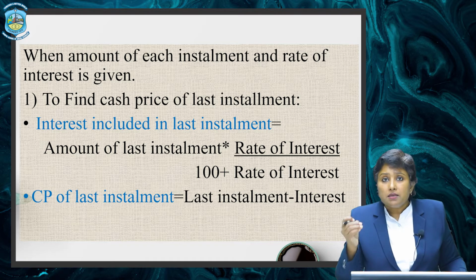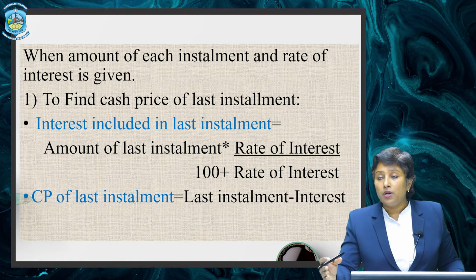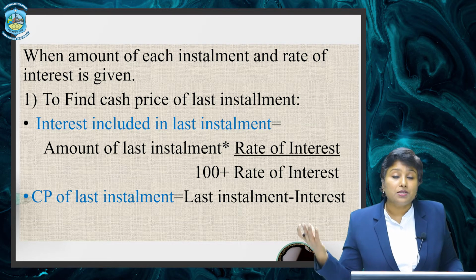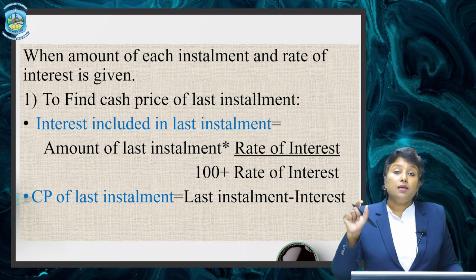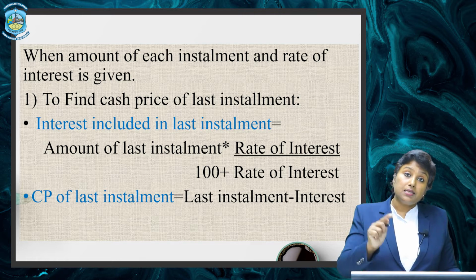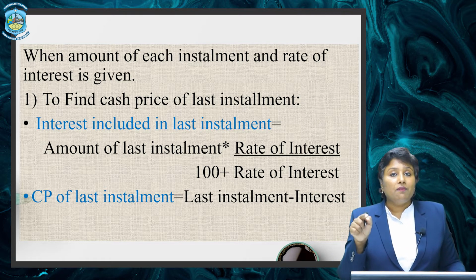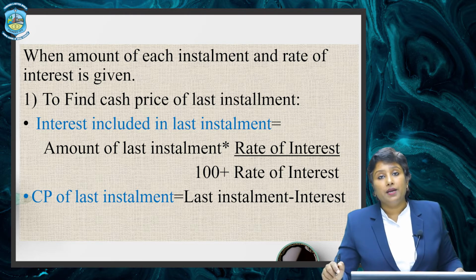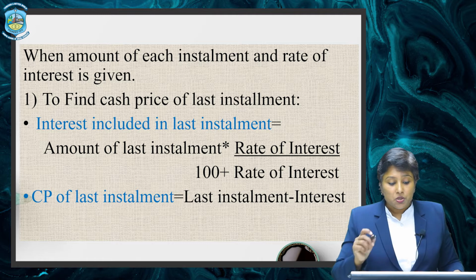As simple as that. The same procedure we might have followed while calculating, say, managerial remuneration in case of final accounts, isn't it? When the amount of profit is including commission, we divide it by 100 plus the rate of commission. The same way we need to calculate this interest as well. Okay, so here we go.